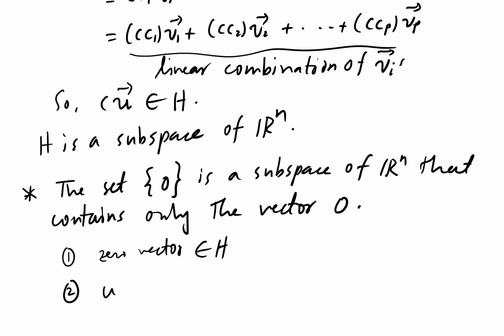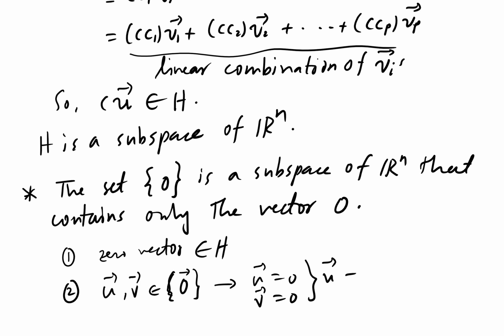And then if you take two vectors u and v from this zero vector set, then this means both u is 0 and v is 0. So their sum is going to be the zero vector, so this works.